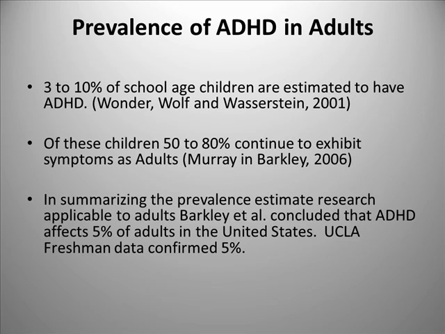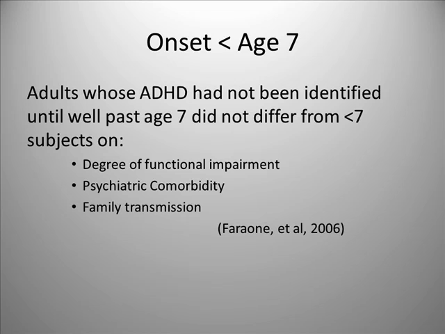And those with the inattentive subtype are more likely to carry ongoing burden. It's been concluded that at least 5% of Americans carry ADHD complicity. There is an argument that was made that ADHD cannot possibly exist if it wasn't diagnosed before age 7.